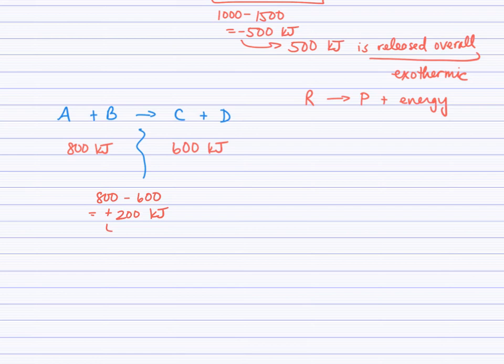And in fact, that positive we interpret as 200 kilojoules absorbed overall. So energy is always being released when new bonds are formed. There's 600 kilojoules of energy being released when the new bonds are formed. However, because 800 was required to break the bonds, it turns out the net or overall change is 200 kilojoules of energy being absorbed. And when energy is absorbed overall, that is our endothermic reaction.